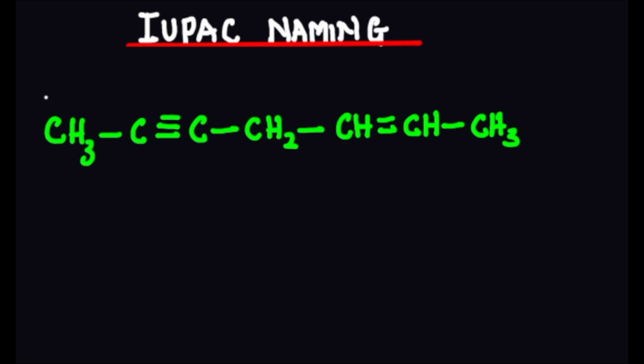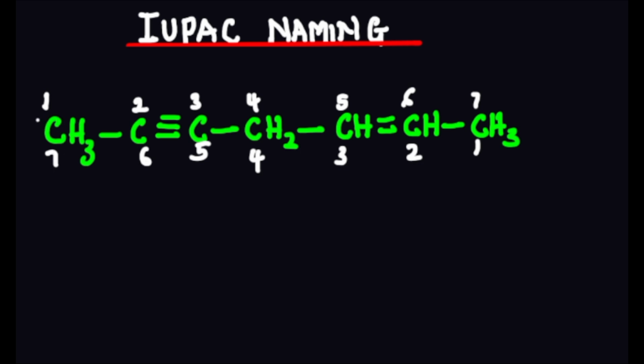Because if I number forward, I'm going to have 1, 2, 3, 4, 5, 6, and 7, and backward I'm also going to have 1 to 7. Numbering from this backward side, I'm going to have the triple bond on position 2, and the double bond on position 5, right? So I'm having 7 carbon atoms, which is basically hept, and there is no attachment.